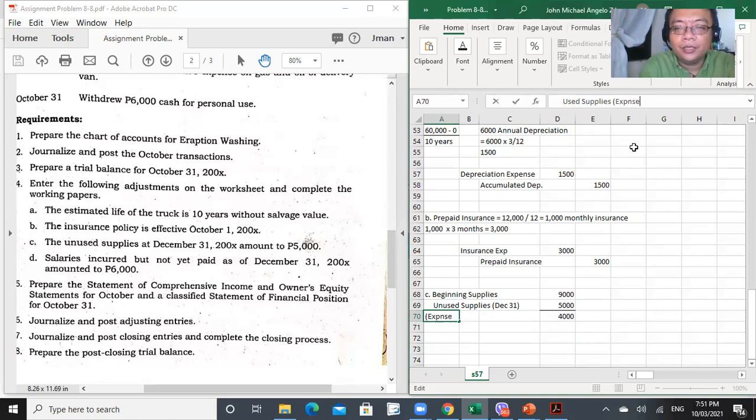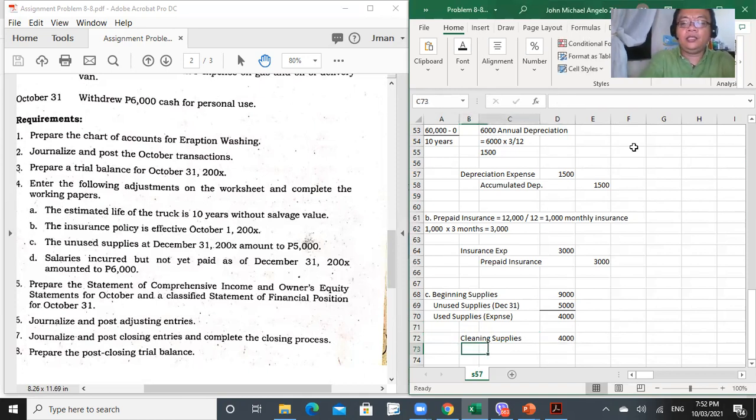So we will now recognize an expense amounting to 4,000. So you have now debit cleaning supplies expense 4,000, and we credit here what? Cleaning supplies. Kasi we will deduct the cleaning supplies asset.